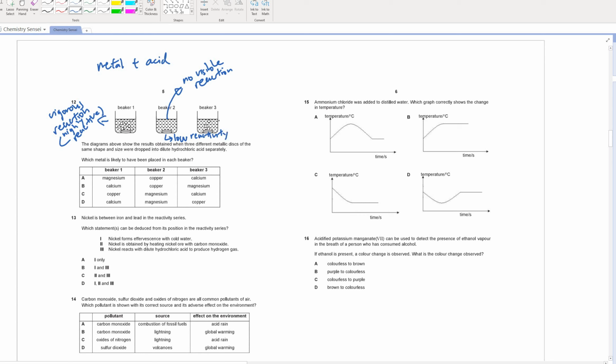For beaker 3, the reaction is observed, okay, but lower compared to beaker 1. That means that yes, this metal is reactive but not as reactive as the metal found in beaker 1.